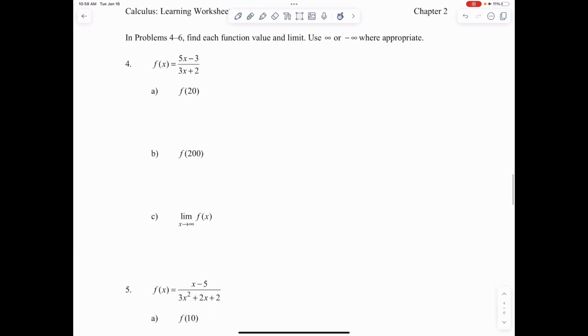Okay, find each function value and limit. Use infinity or negative infinity where appropriate. So now we're going to look at what's the value of the function at this point and what's our limit. So for f of 20, we're going to plug in 20 everywhere we see an x.